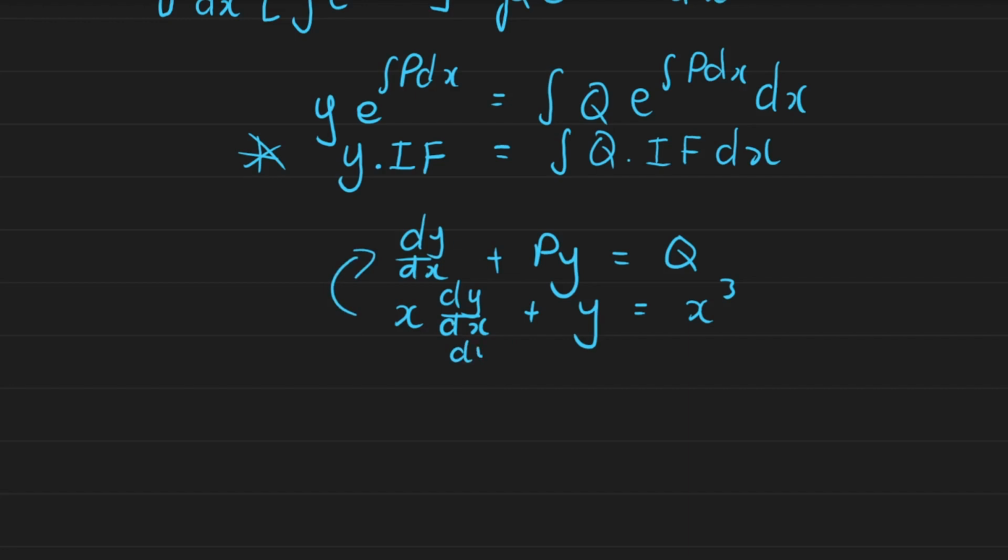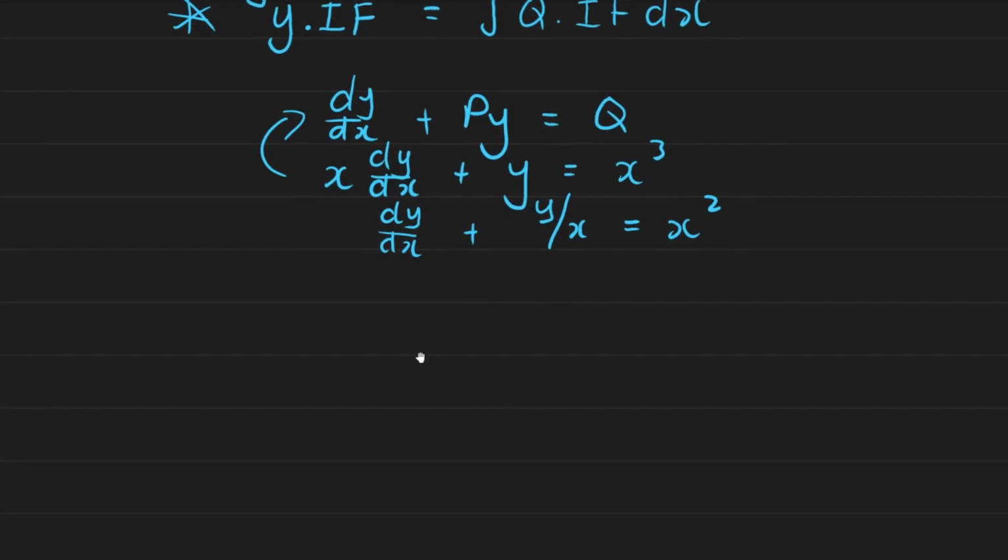So we have dy/dx plus y over x is equal to x squared. So in this case, we have p equal to 1 over x, and q equal to x squared.